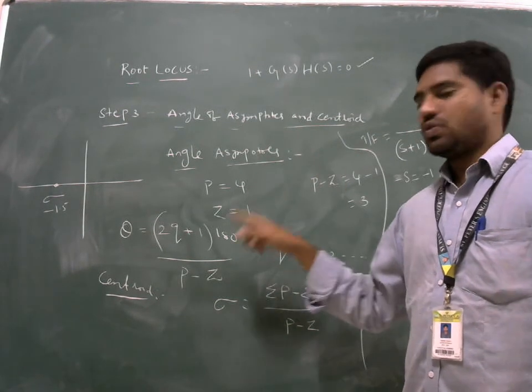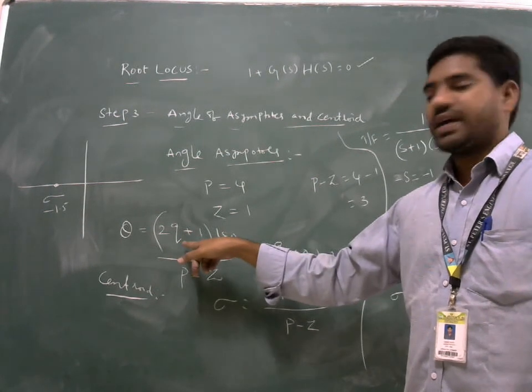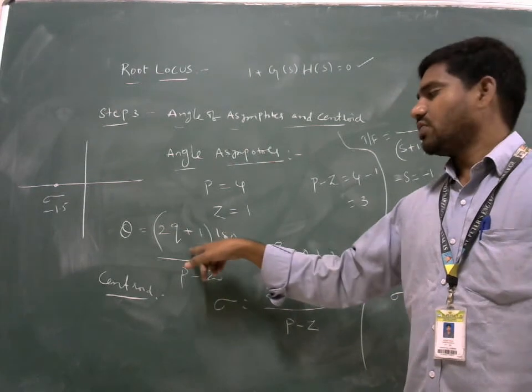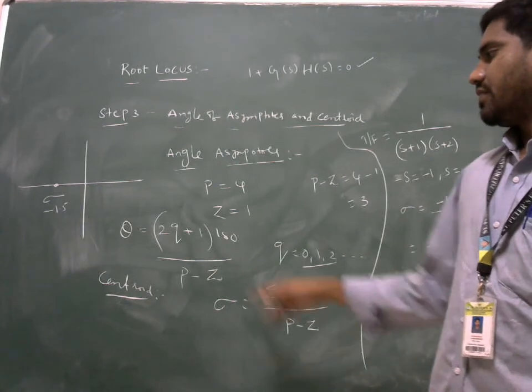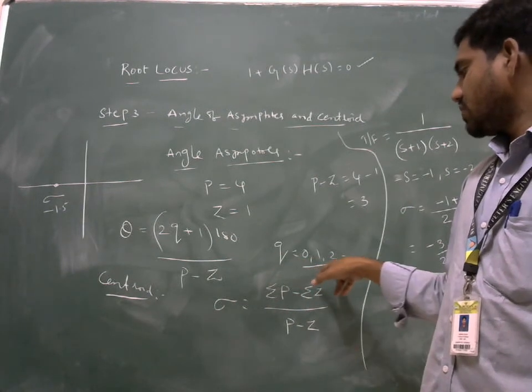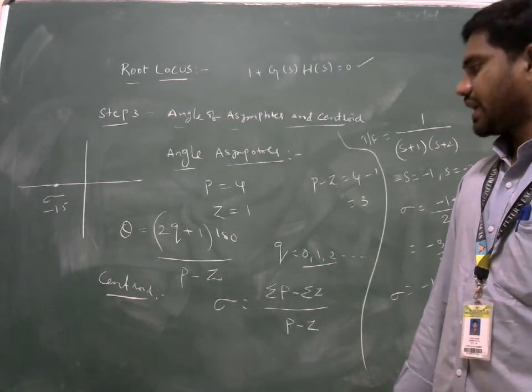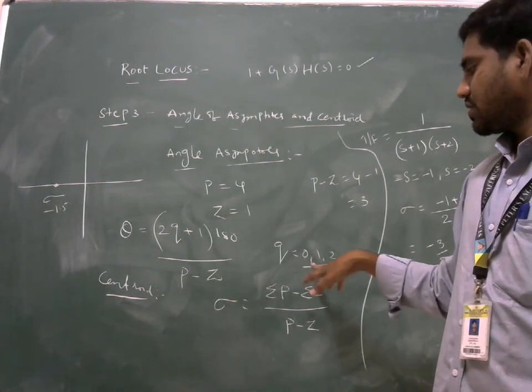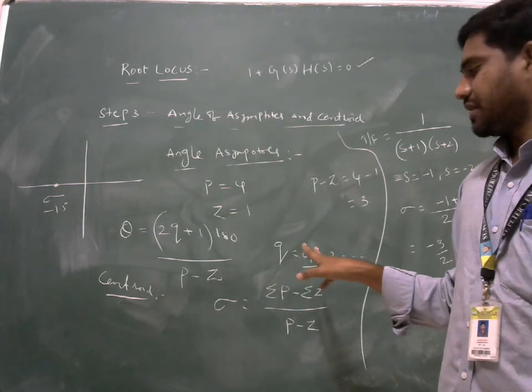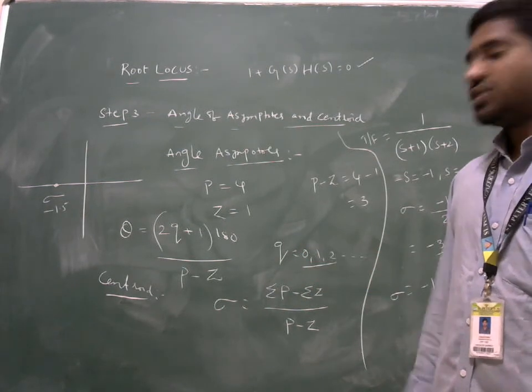To find the angle of asymptotes, the formula is theta q equal to (2q plus 1) into 180 divided by p minus z, where q starts from 0, 1, 2 and so on. If there are 4 poles, you take q values up to 3, because it starts from 0, 1, 2, 3.